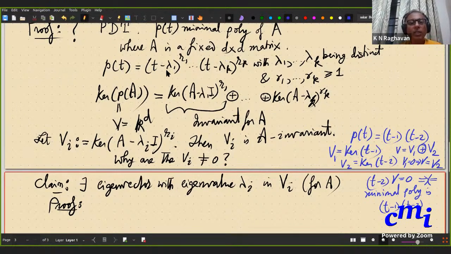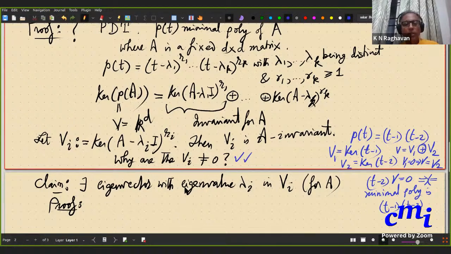And if this has a (T minus lambda 1) to the R1, something that doesn't have this factor cannot be divisible by that. Okay, so this is the answer. Thank you, Anand.